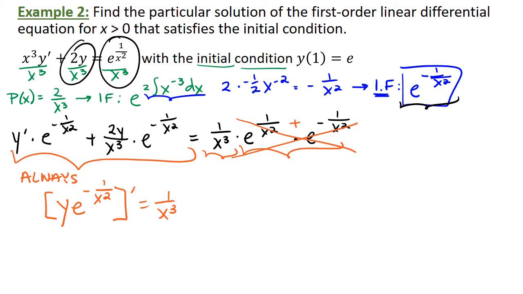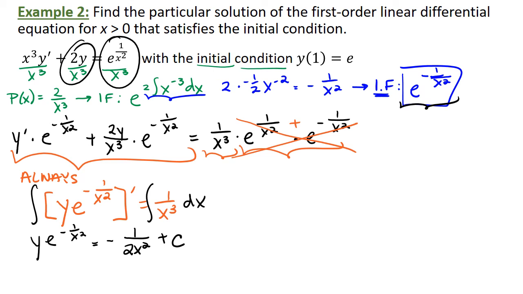Now I can integrate both sides. Integrating the derivative cancels everything out, leaving me with this. And then on the right-hand side, I end up with negative 1 over 2x squared plus c.